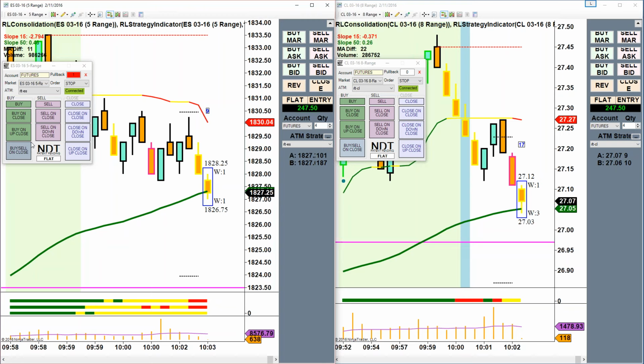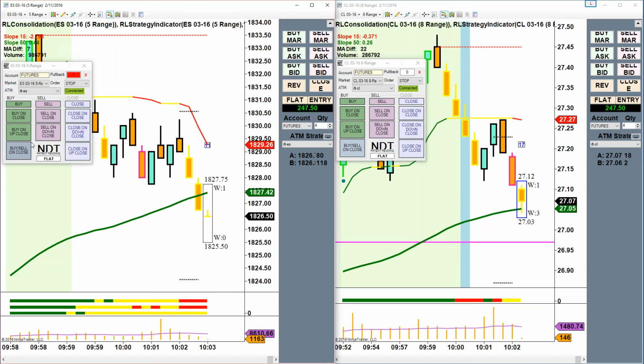You see that the 15 is way above the 50 on both crude and the E-mini, which makes taking a short tougher.